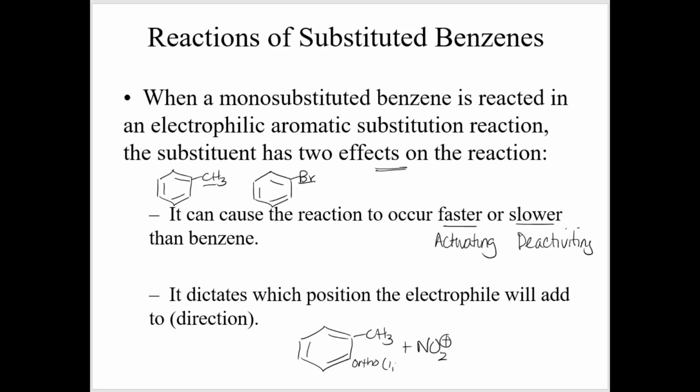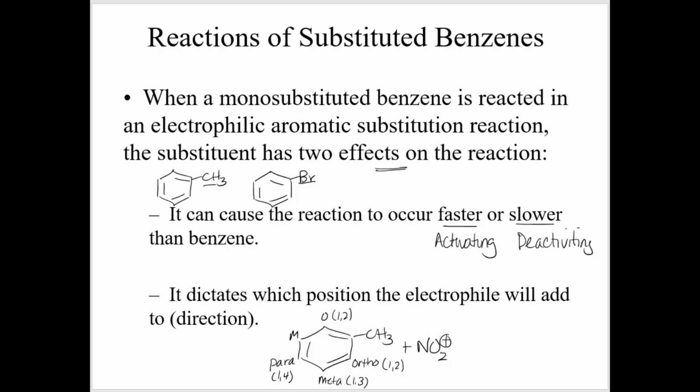The ortho is the 1,2 position, and there's also an ortho position up here that's 1,2. It could go into the meta position, which is the 1,3 position, and there's also a meta position over here, or it could go into the para position, which would make it 1,4. So where does the group go?